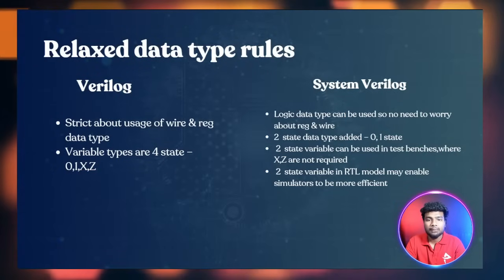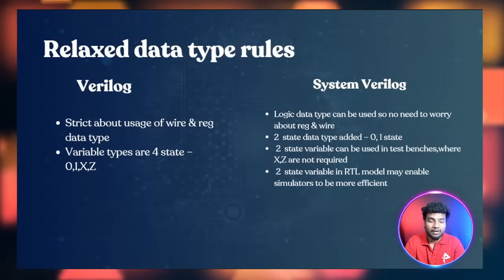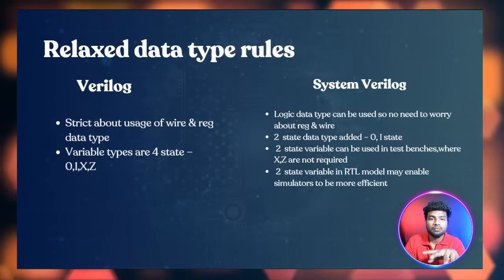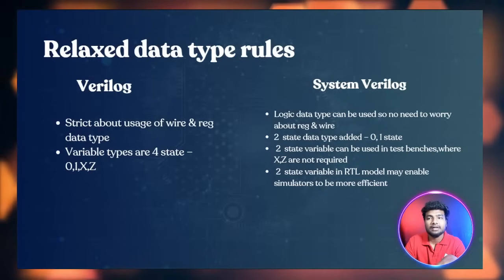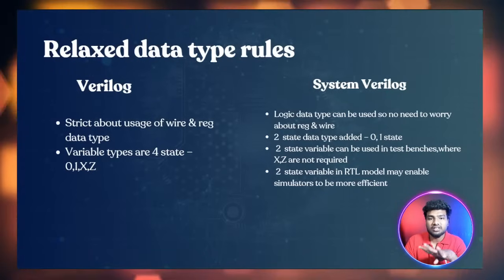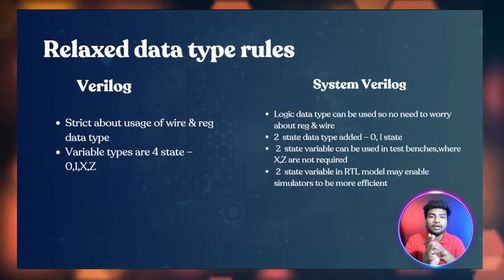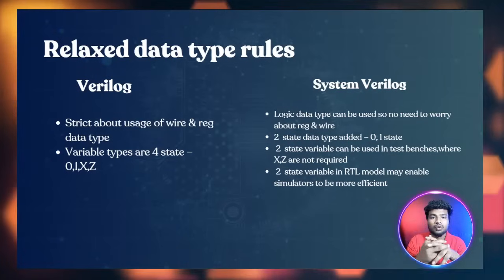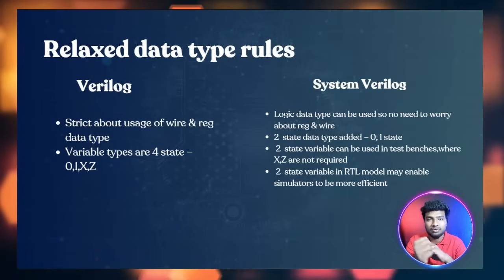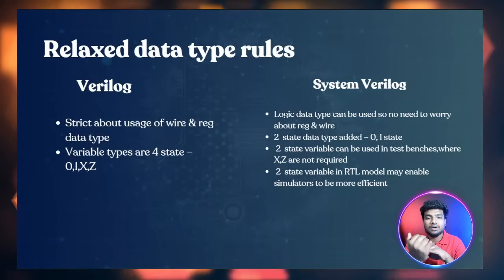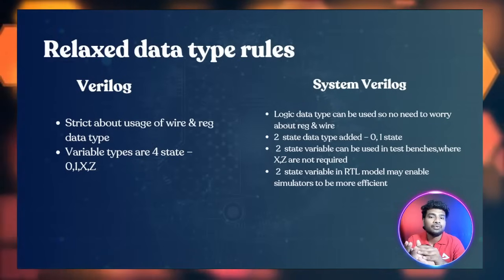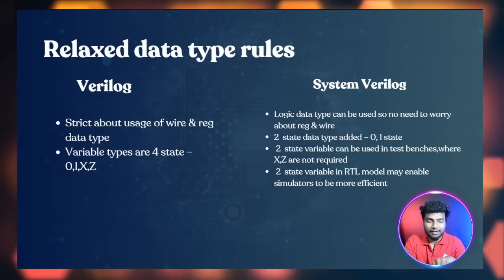So we have a number of data types in SystemVerilog, but in Verilog we have only two data types, reg and wire, which have the range of 4 states: 0, 1, X and Z. In SystemVerilog we have 2-state data types and 4-state data types also. This is one added feature of SystemVerilog over Verilog.